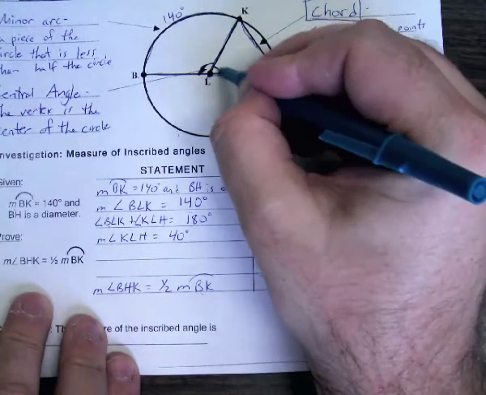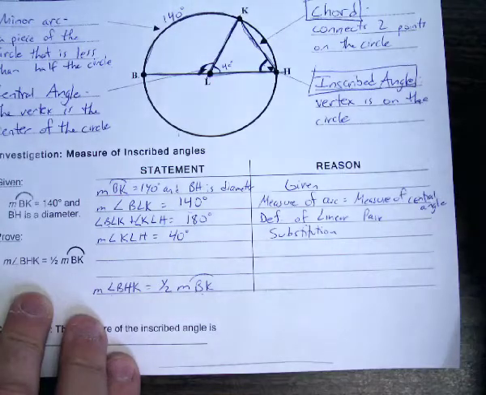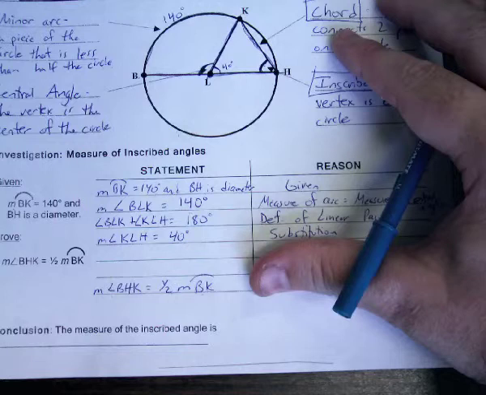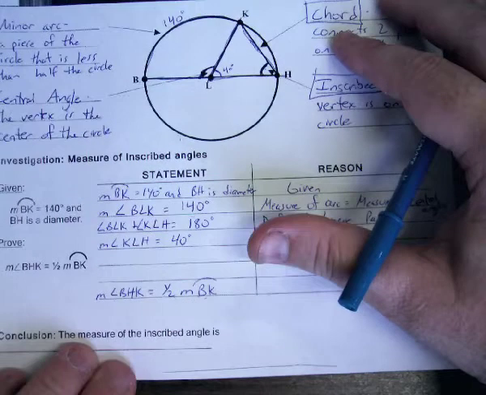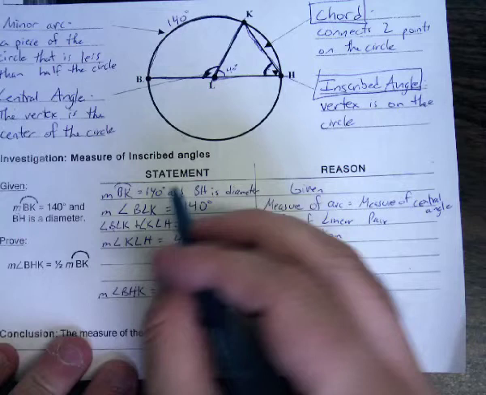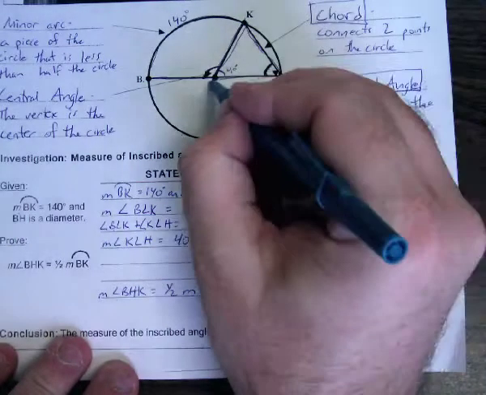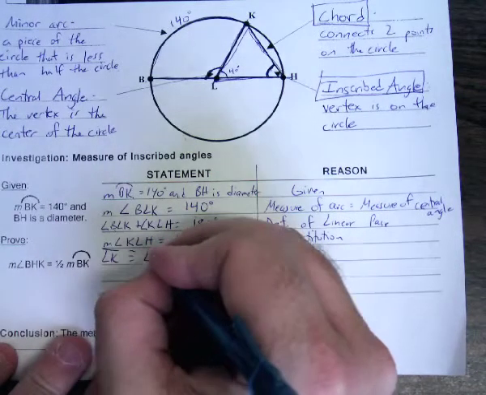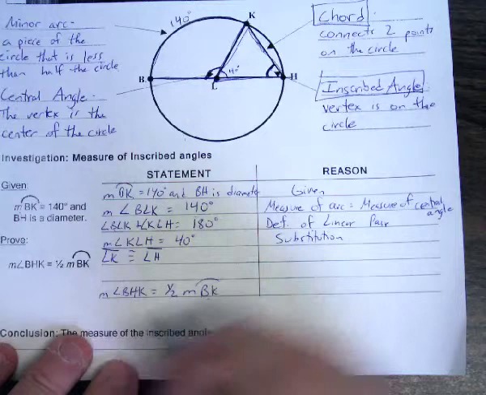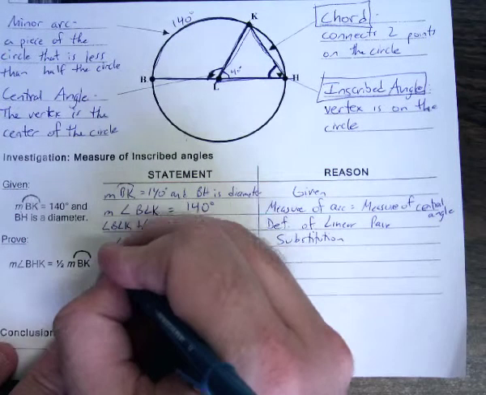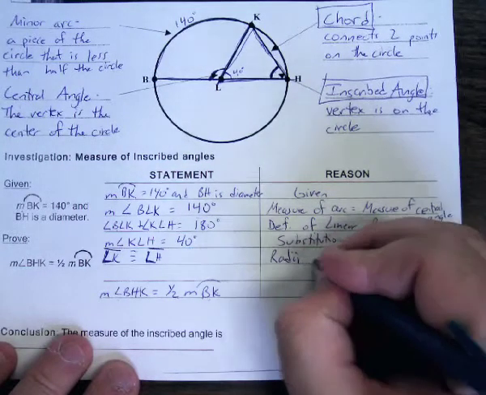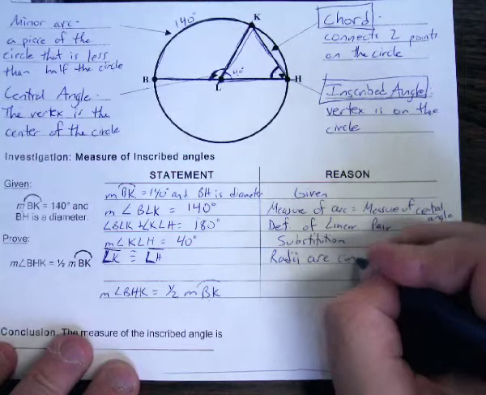So this is 40 degrees. I feel like I'm going to run out of room here. Well, bear with me. So we also know that LK and LH are congruent. That's an L, not an angle. LK, LH. And the reason is radii are congruent.